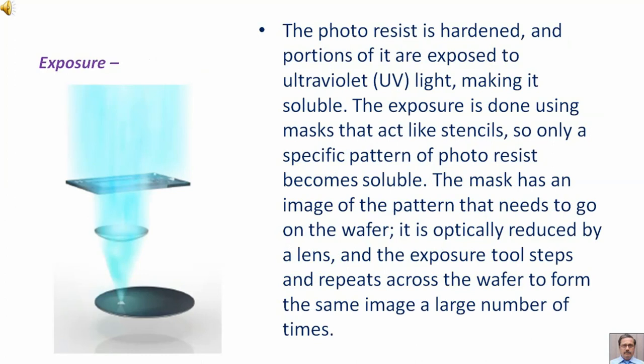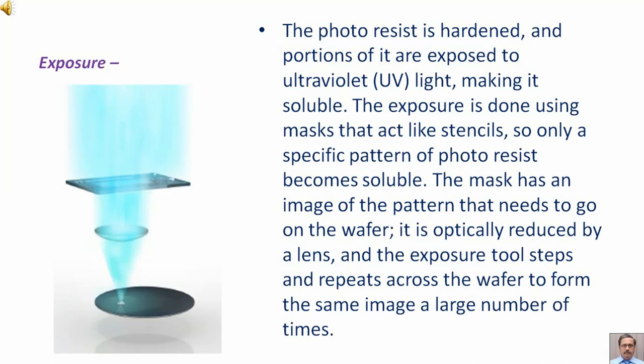Exposure. The photoresist is hardened and portions of it are exposed to ultraviolet light, making it soluble. The exposure is done using masks that act like stencils, so only a specific pattern of photoresist becomes soluble.